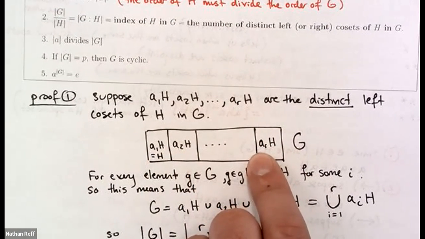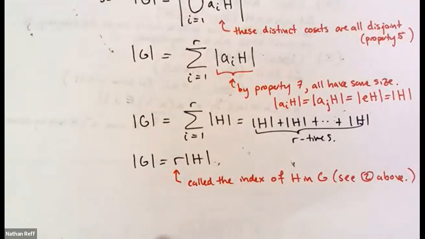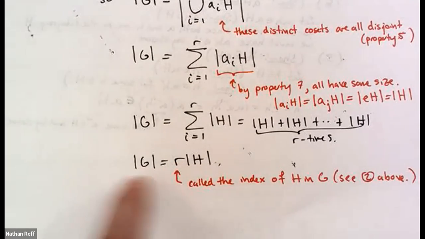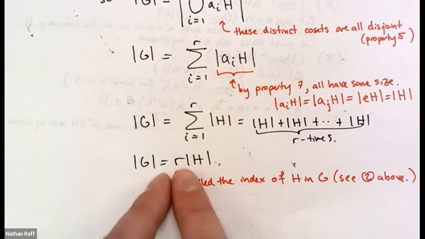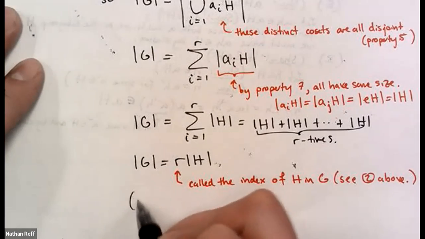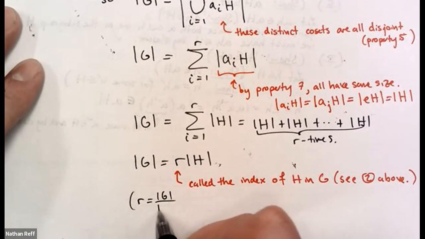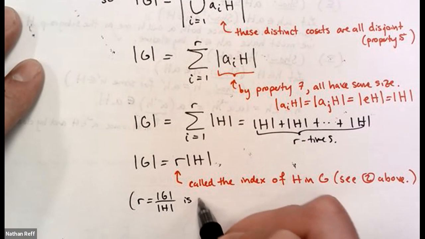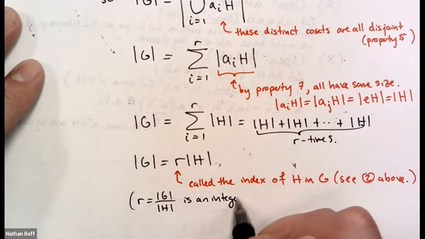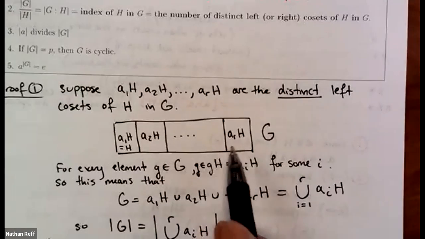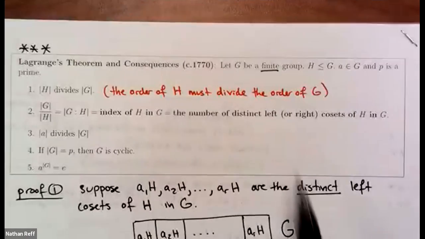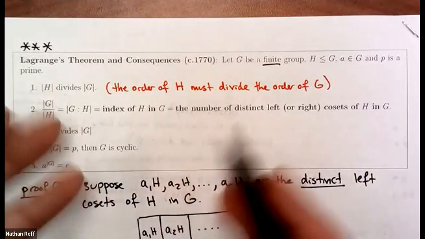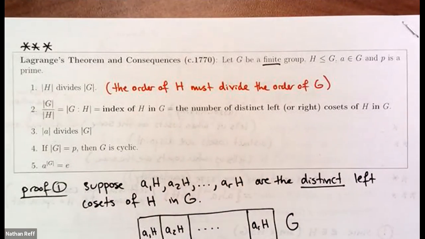So if you compute R, it is an integer. It's telling you how many slices you actually have, how many distinct left cosets you have, okay? So that's one reason that you might be interested in the index.